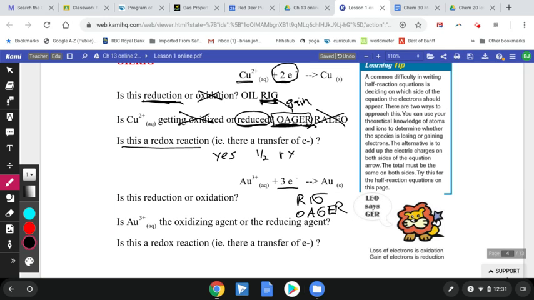Is it reduction or oxidation? RIG, it's reduction. Is Au3 plus the oxidizing agent or reducing agent? OA, it's the oxidizing agent, gaining electrons. Is this a redox? Is there a transfer of electrons? Yes. And again, it's a half reaction.